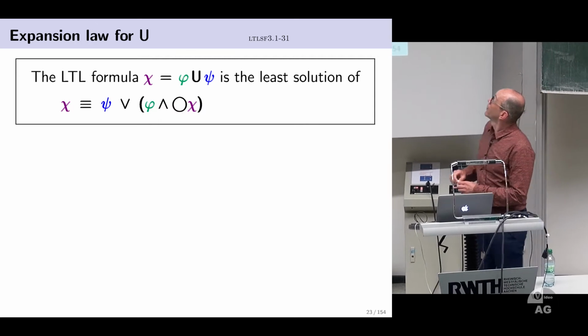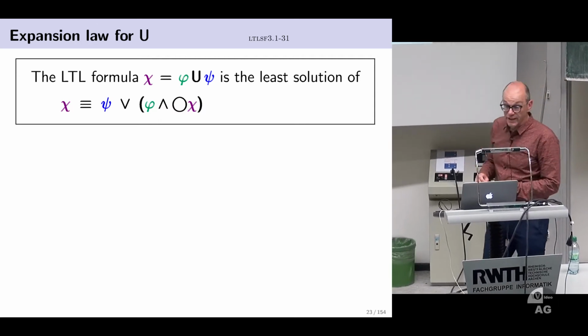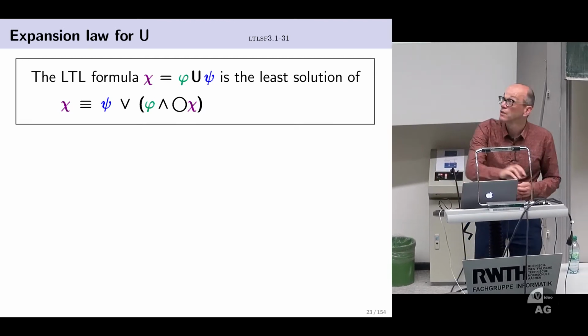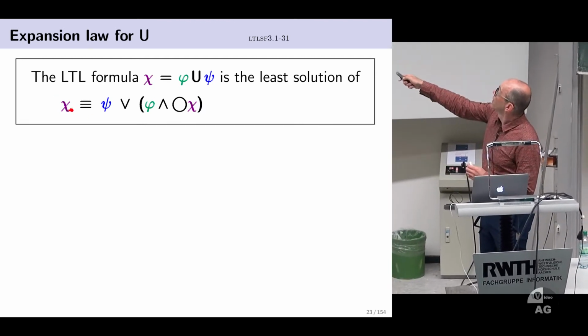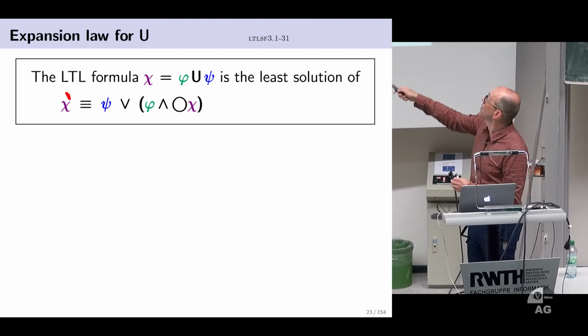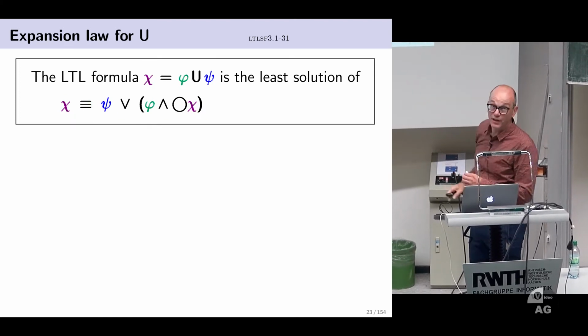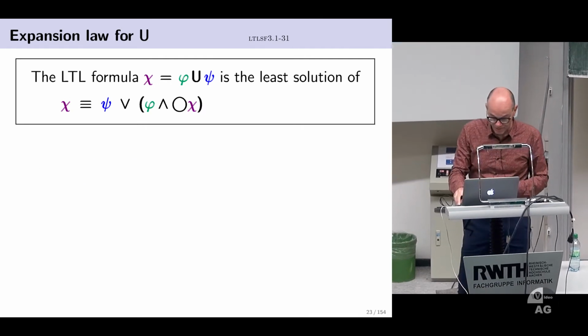So the LTL formula phi until psi is what we call the least fixed point, the least solution of the following equation. Psi, this was my x if you want, is equivalent to f of x, and this is f of x where you just plug in x at this specific place.